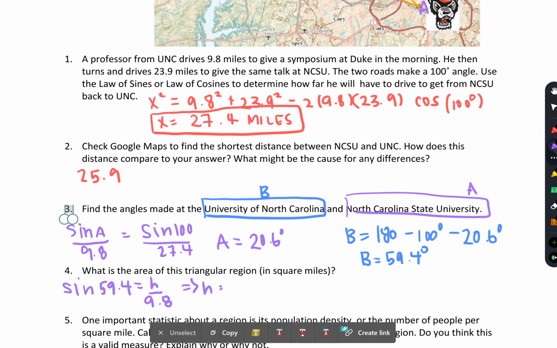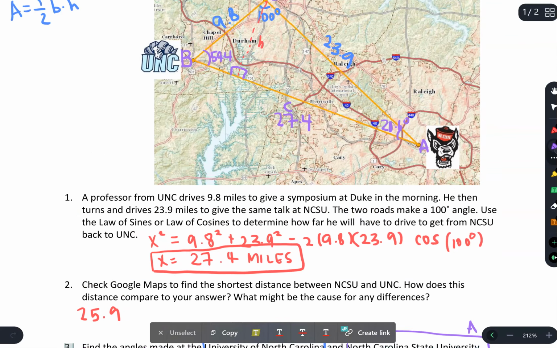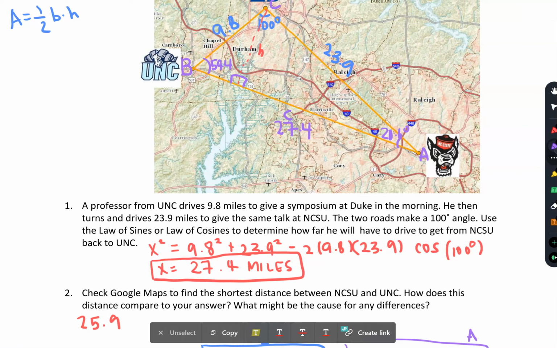Let's just say 8.4. You all good with 8.4? So now I know my height, right? So I drew my triangle where the C is going to be my base, okay? So I drew that triangle to find the height where this is going to be my base. Does that make sense? Okay.